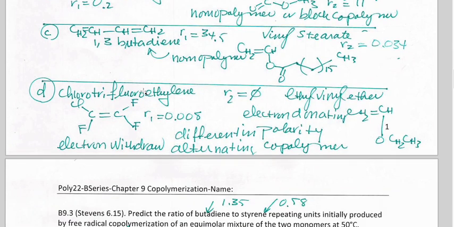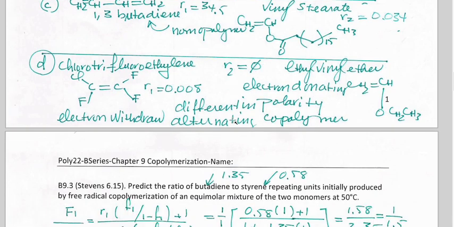The last, in part D, we were asked about chlorotrifluoroethylene, a very small reactivity number, 0.005. And compared to ethyl vinyl ether, that is almost zero. There is different polarity also with these two monomers. So we're really going to have an alternating copolymer for these two, even though there are small numbers, they are similar.